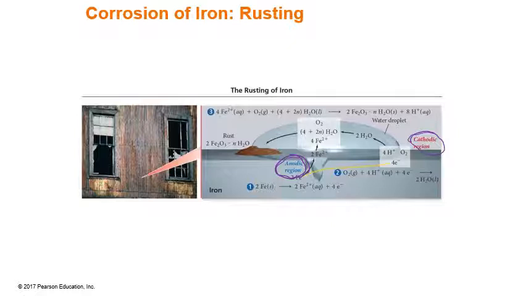So our iron will migrate through any water droplets that are present and produce this corrosion through rusting, and our rust will form on the surface. And this is a spontaneous reaction. We actually have to work in order to keep the rust from occurring. We have to paint things, we have to protect them so that the oxygen is not able to react.